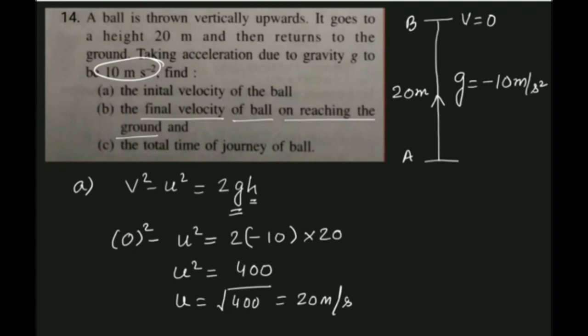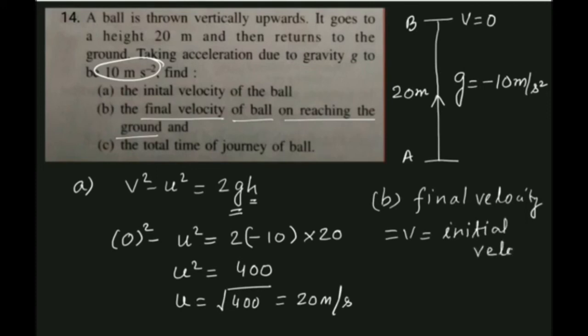So you will write in the second part that final velocity v equals initial velocity. The velocity with which you have thrown the body upwards, it comes back with the same speed, so it is coming 20 meter per second. Question number 14, B part.